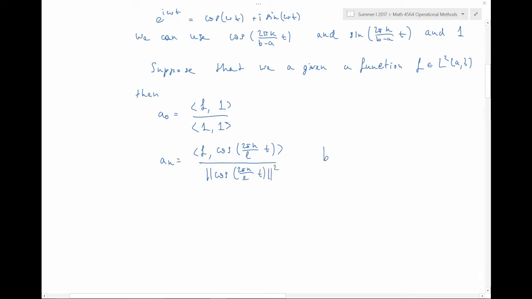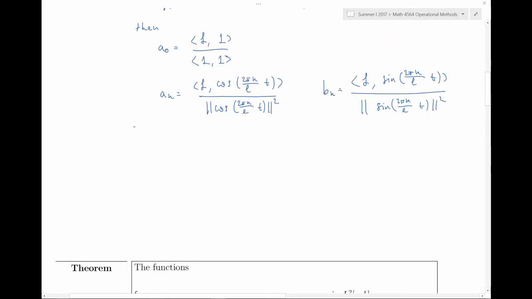And the coefficient b k will be the inner product of f with sine of 2 pi k over L t divided by the norm of sine of 2 pi k over L t squared.